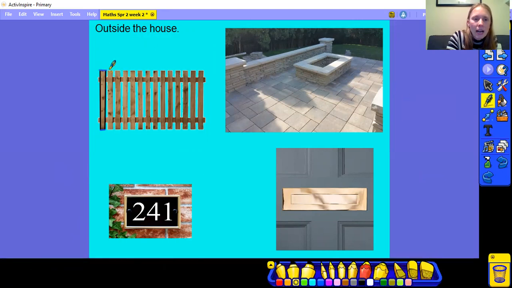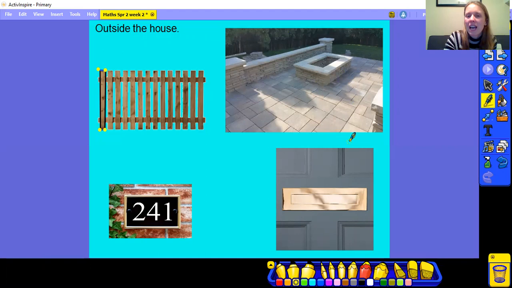And it also has 1, 2, 3, 4 corners. You can see that those are rectangles. That short side at the top is level, but my line's a little bit wonky. Don't worry, it is a rectangle. My shape is not, but the fence panel has a rectangle on it. Well done if you spotted those.